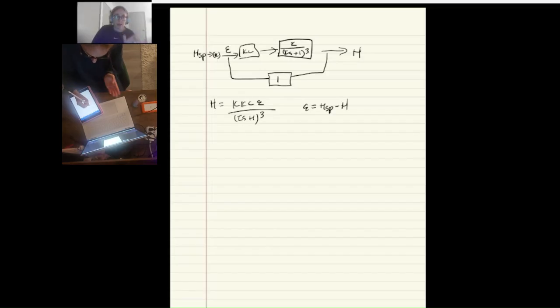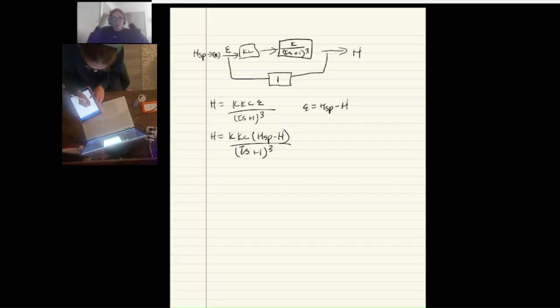So we can plug that back in. So we have H is equal to K Kc times HSP minus H over tau S plus 1 to the third, right?